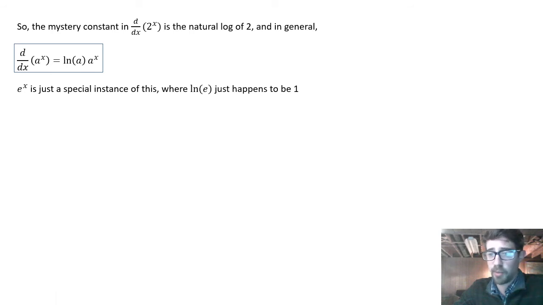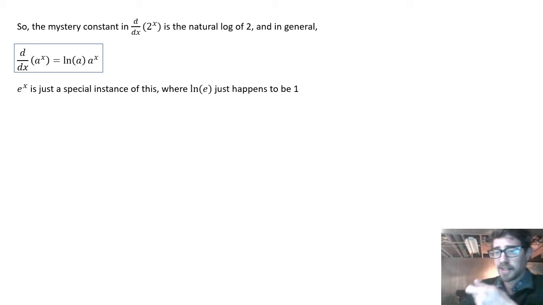If you had to memorize this rule, which you would if this were a normal calculus class, and if you take calculus 2 in a normal time, you would have to have this rule memorized. Think of it as this. The derivative of e to the x is the natural log of e times e to the x. The natural log of e just happens to be 1 by definition. Think about why that is.